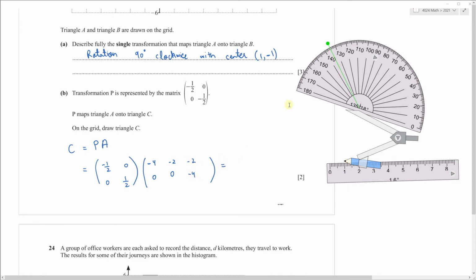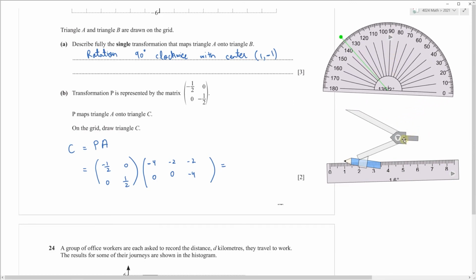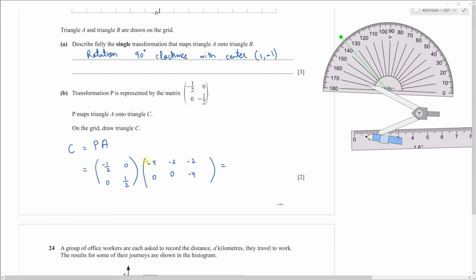Now we have to multiply these two matrices to find the vertices for triangle C. So let's do the multiplication. First row multiplied by first column, which is minus 1 by 2 multiplied by minus 4. And then 0 times 0 is 0, so I won't write that.